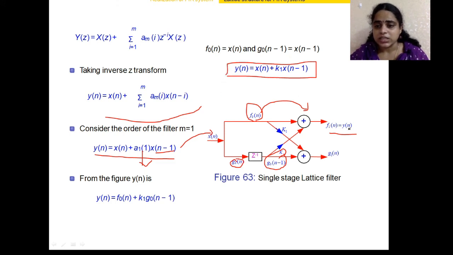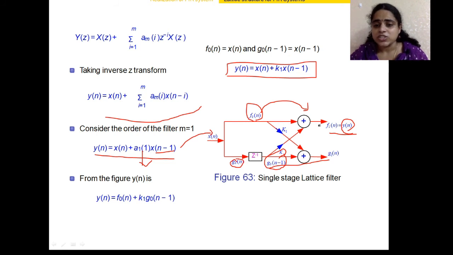This is treated as y(n). And here what will be the output? f0(n) into k1 will come here, and g0(n-1) will come here. So g1(n) = k1 f0(n) + g0(n-1).